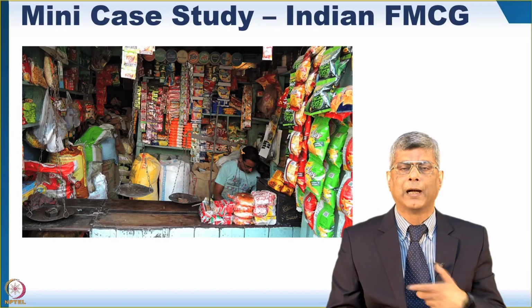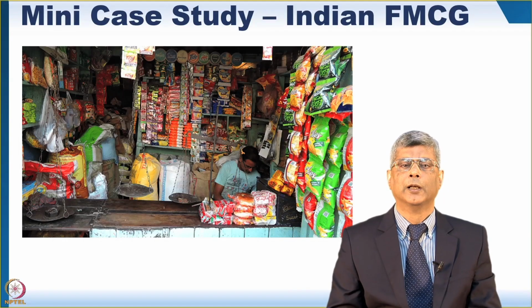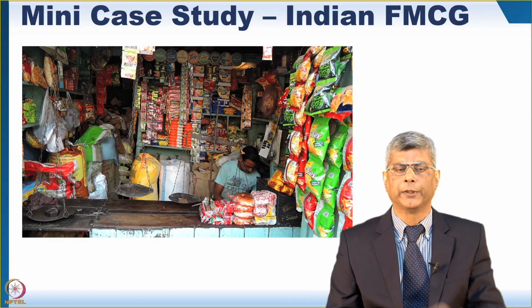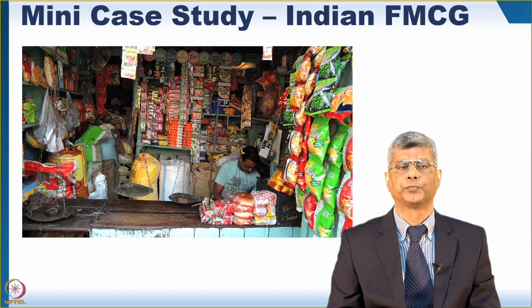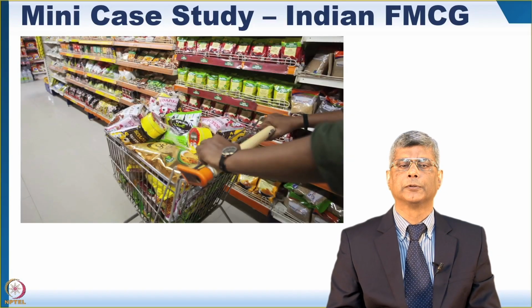And what do the last mile destinations look like, where a customer like you can buy? So this is a kirana store. This is where you can buy actually one piece of a packet of chips or biscuits or bread. It's a small store, what you probably have next to your house.